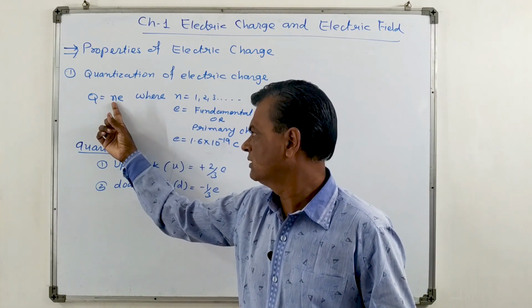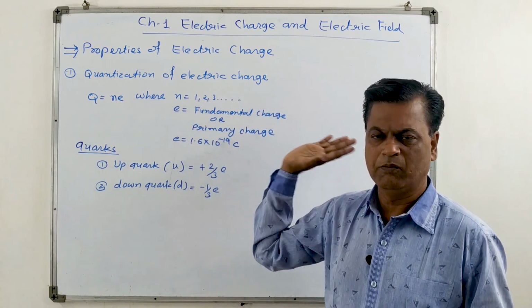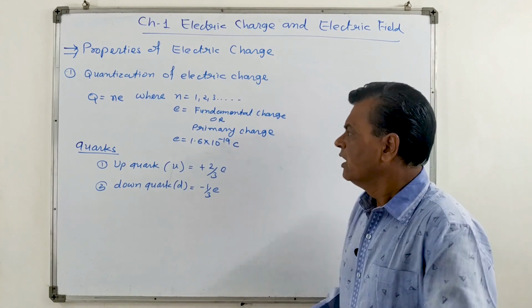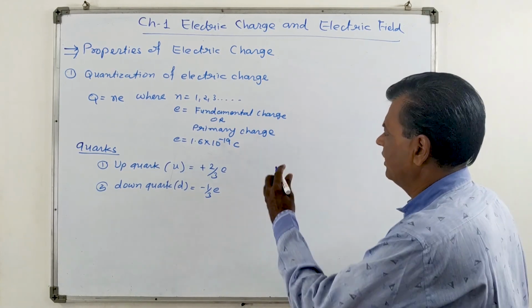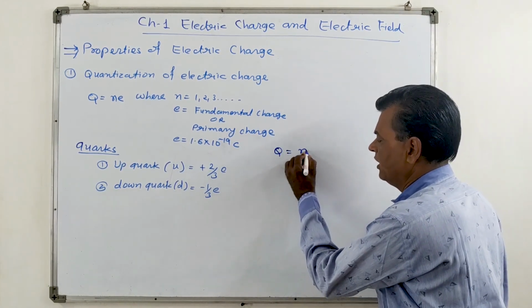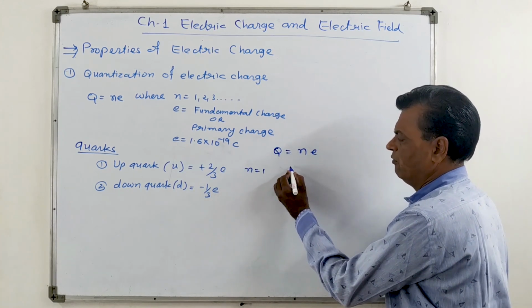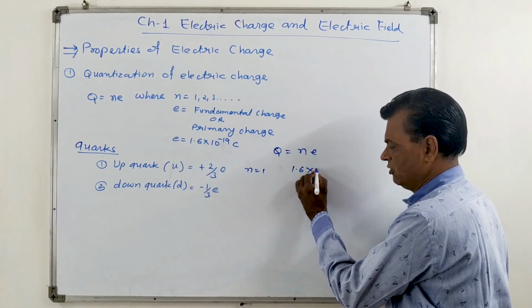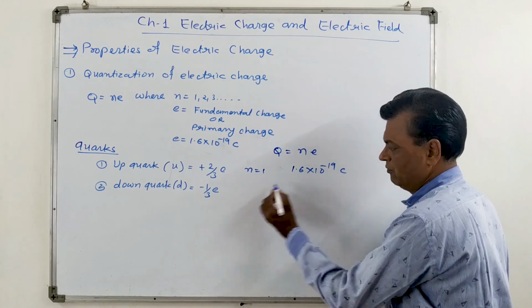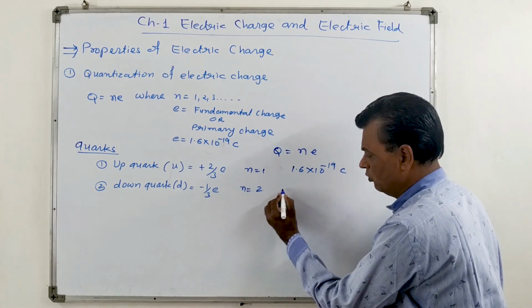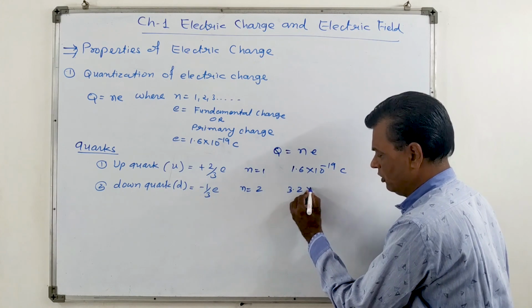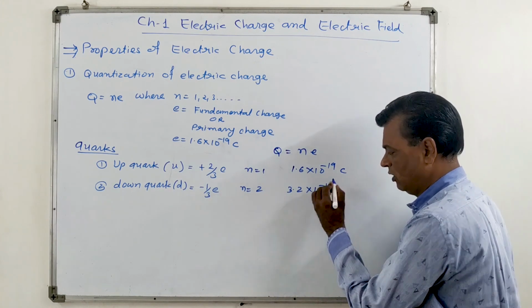Integral multiple means 1, 2, 3 multiplied. Now Q equal to Ne. In this Q equal to Ne, taking N equal to 1, then value is 1.6 into 10 raised to minus 19 coulomb. Taking N equal to 2, then value is 3.2 into 10 raised to minus 19 coulomb.